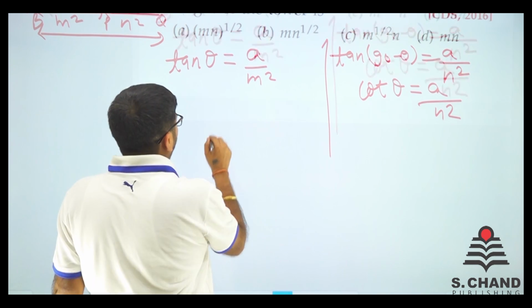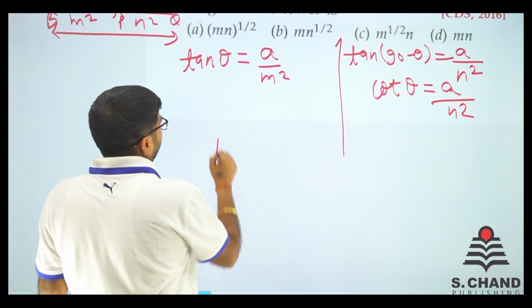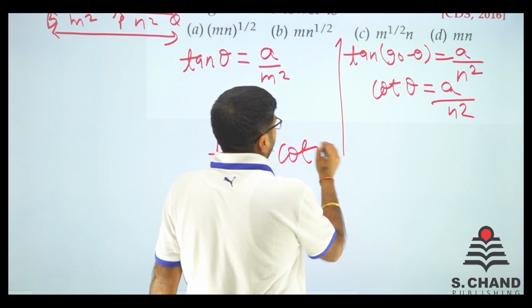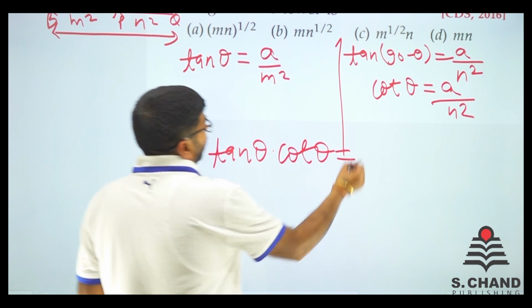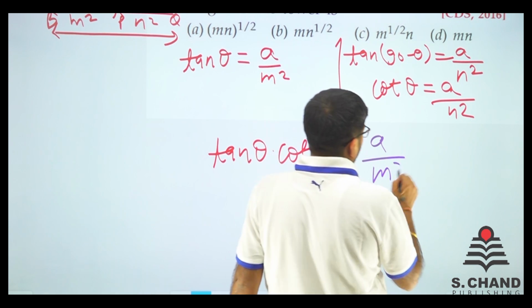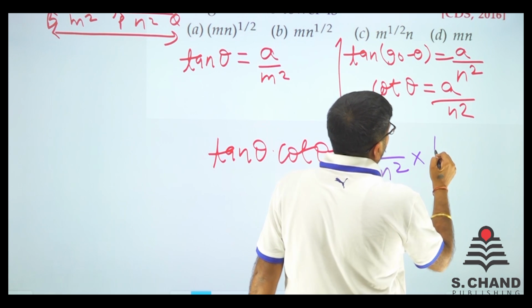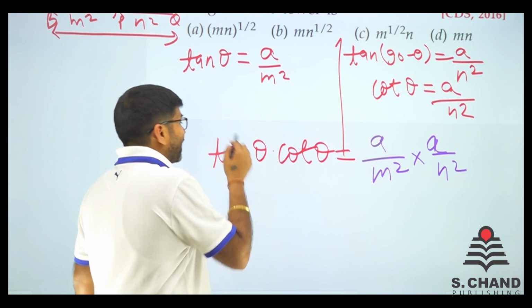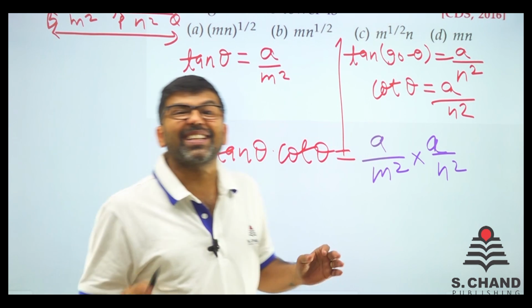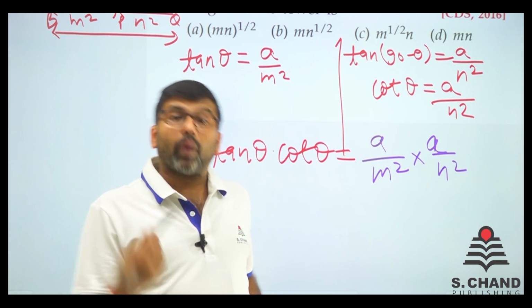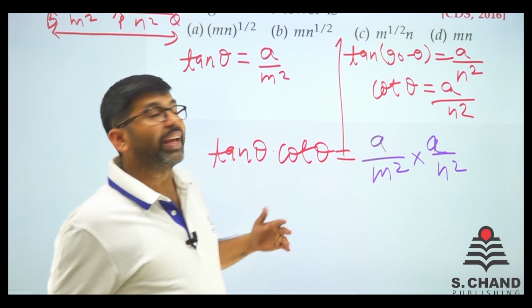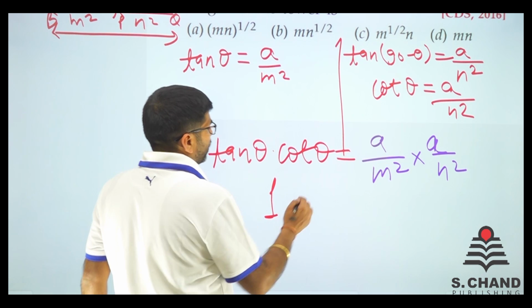So tan theta into cot theta comes out to be A by m square into A by n square, right? Tan theta into cot theta is just 1 because tan theta is 1 upon cot theta, so they cancel. So this value is 1.